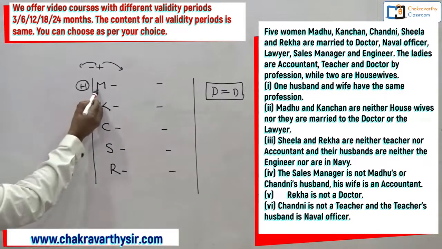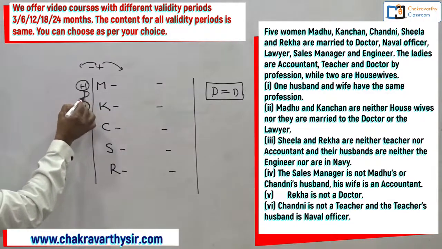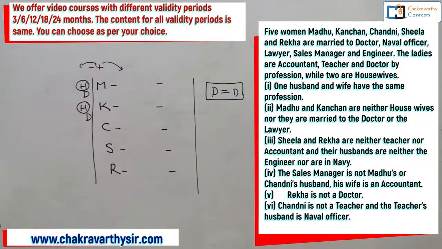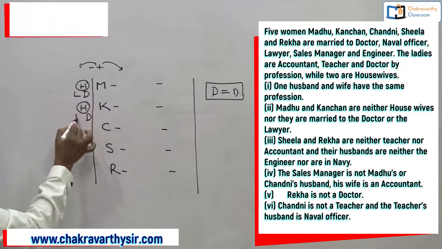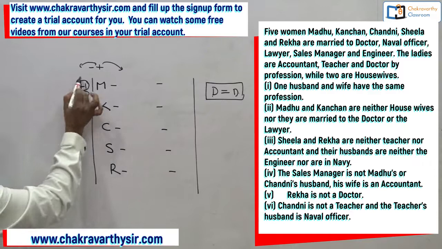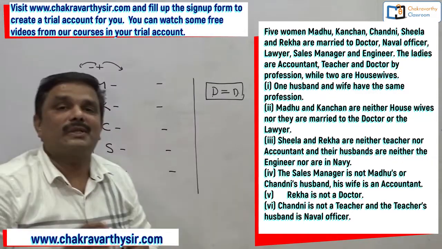So Madhu is not married to doctor. Madhu's husband is not a doctor. Kanchan's husband is not a doctor. And Madhu's husband is not a lawyer. Kanchan's husband also not a lawyer. For your understanding, the encircled one is self-profession and these are husband's professions.